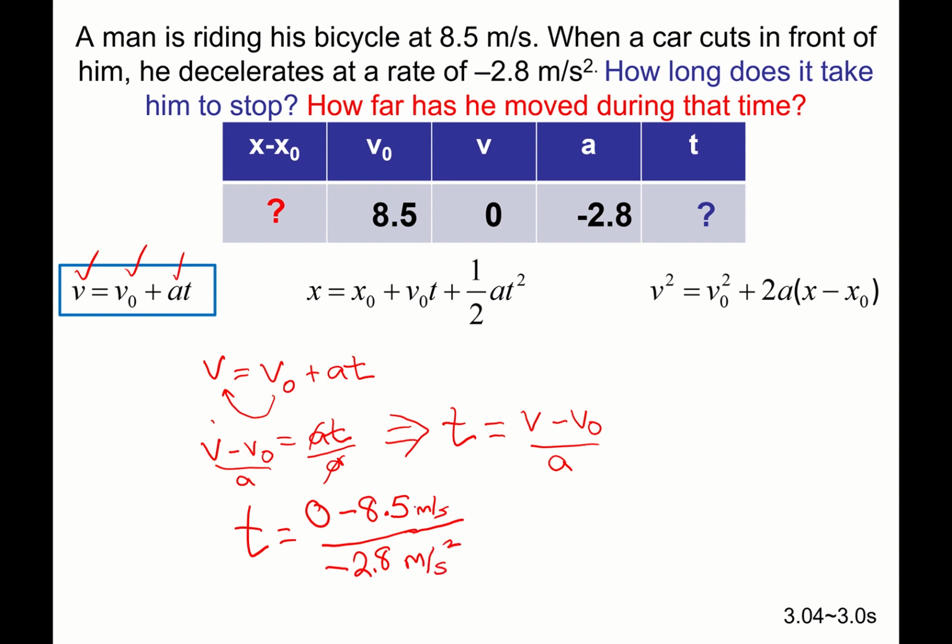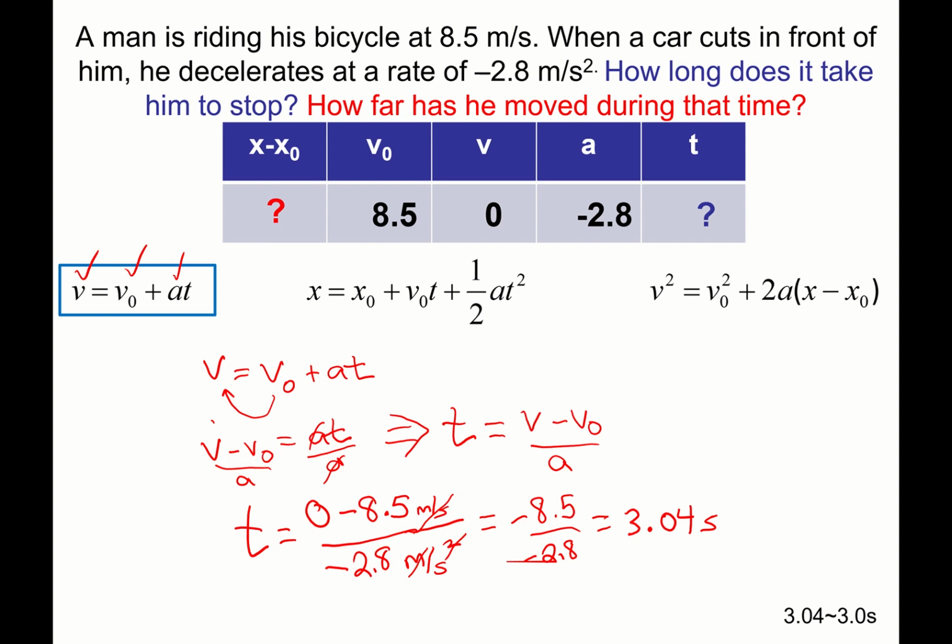So I'm going to have 0 minus 8.5, so I get negative 8.5 in the numerator and negative 2.8 in the denominator. If I put that in my calculator, negative over negative will give me a positive. I get 3.04, and if I look at the units, meters per second cancel out, I get 1 over seconds, so that turns out to seconds.